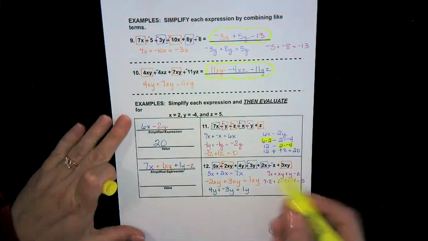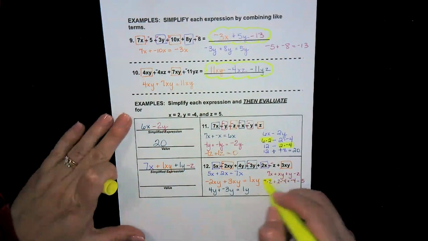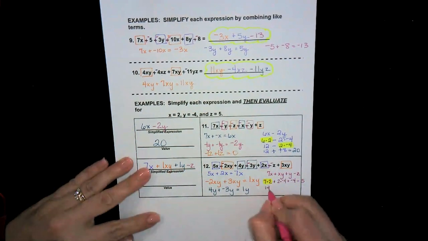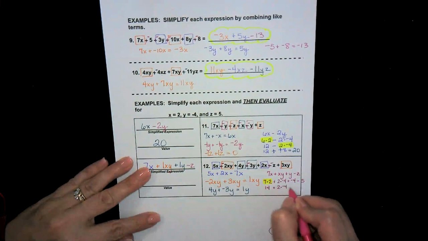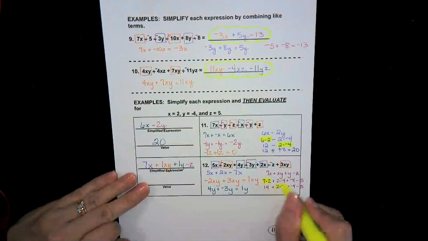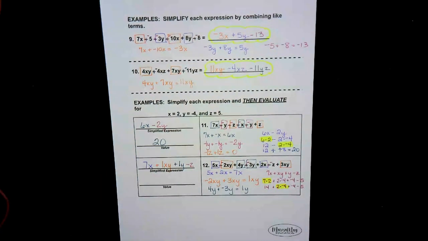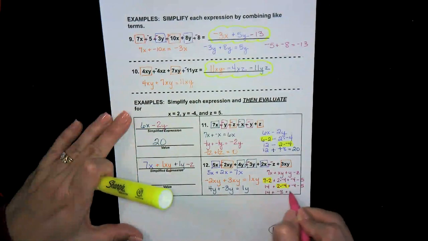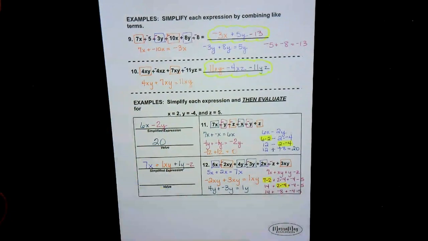Okay, order of operations. We've got to do that multiply first. So 7 times 2 gives me 14. Rewriting the rest of the problem. Then we do the next multiply, which is 2 times negative 4. 2 times negative 4 gives me negative 8. Okay.